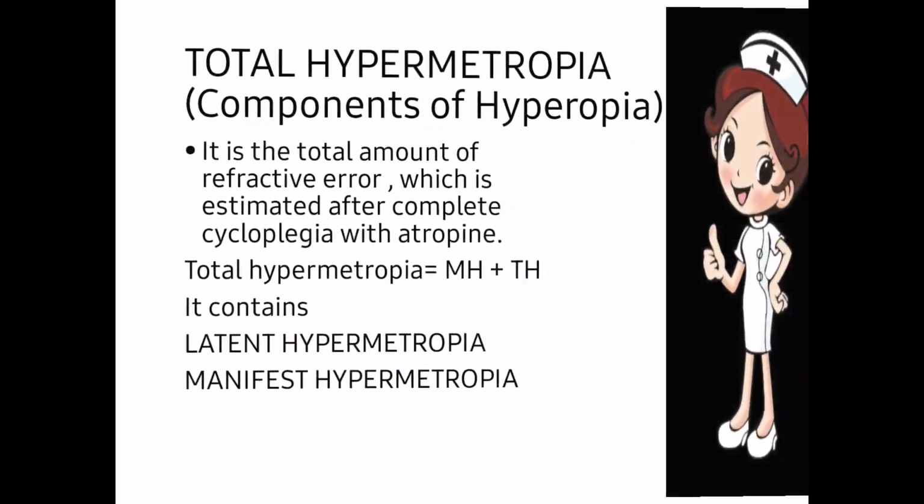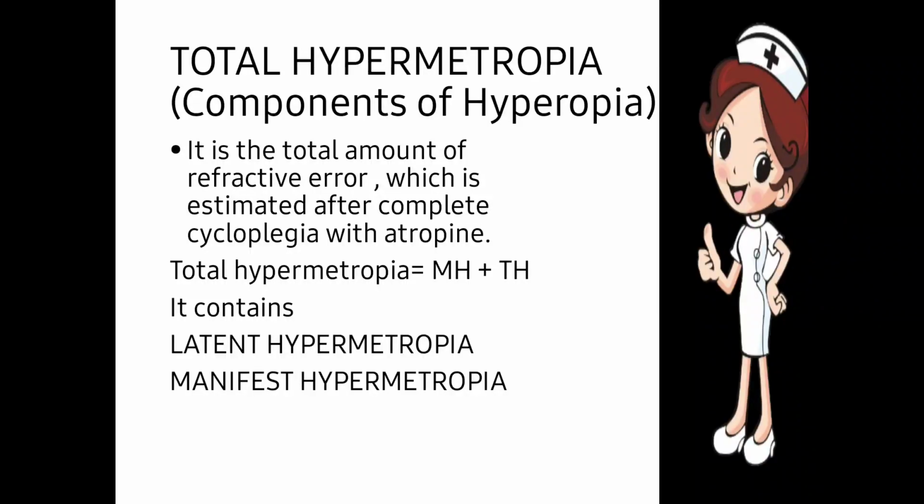Next one is total hypermetropia. Now we will discuss the components of hypermetropia, or the components of hyperopia. Total hypermetropia is the amount of total refractive error which is estimated after complete cycloplegia with atropine. First of all, we dilate the pupil of the patient.